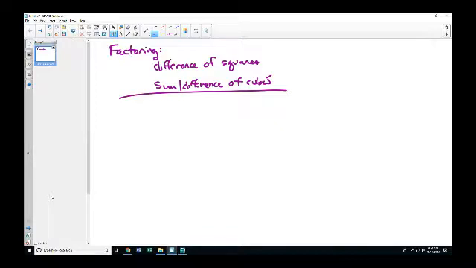All right, so these algorithms are basically identify and plug in. The difference of squares is factoring a quadratic, and these are cubics.